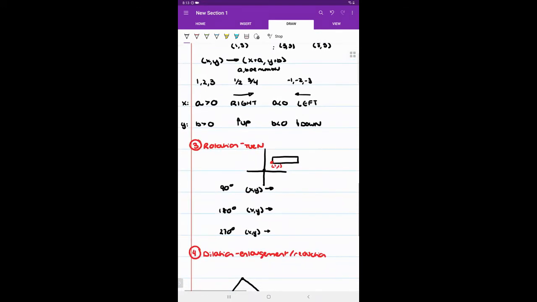So now rotation, the next transformation, which is also a rigid motion, that's a turn. So I have this little rectangle in quadrant 1, and I want to rotate it by 90 degrees. Well, when we think about it, that's going to end up in quadrant 2. That's very intuitive because each quadrant encompasses 90 degrees.